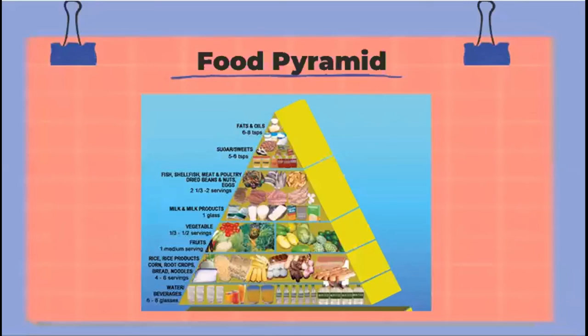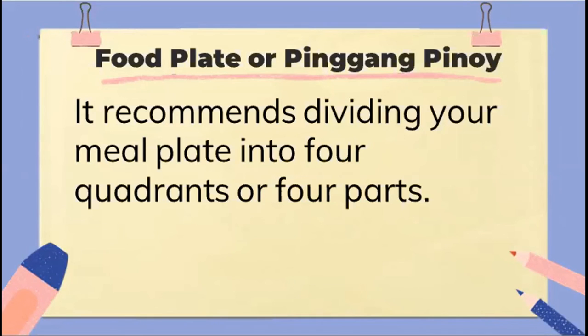And now another way for us to plan our meal is by basing it on the food plate, or what we call Pinggang Pinoy. Food plate or Pinggang Pinoy recommends us to divide our meal plate into 4 quadrants or 4 parts.